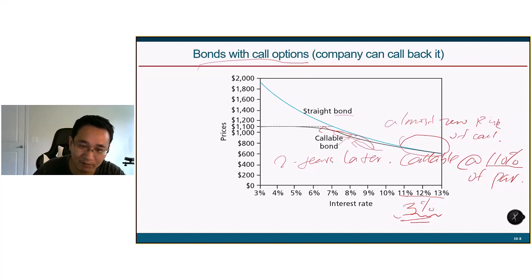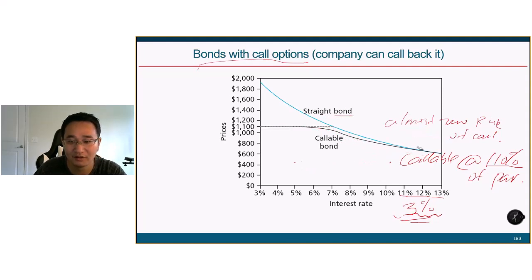That's why a callable bond will always be priced cheaper compared with a bond with no call option. When it is close enough to the par value, you will only approach the par value. You will never be above it because everyone knows the company will call it. It's just free money to them if they call, so companies will always call it.